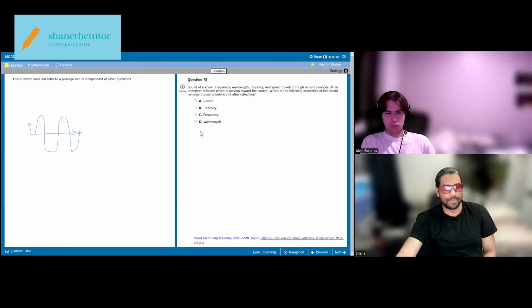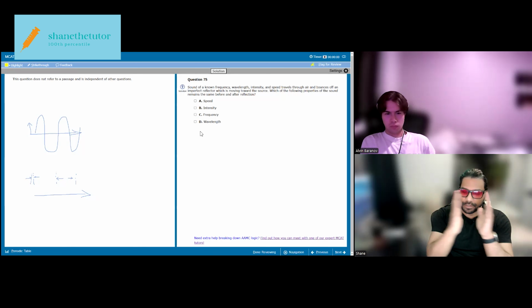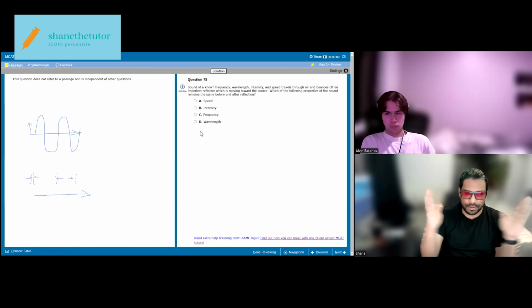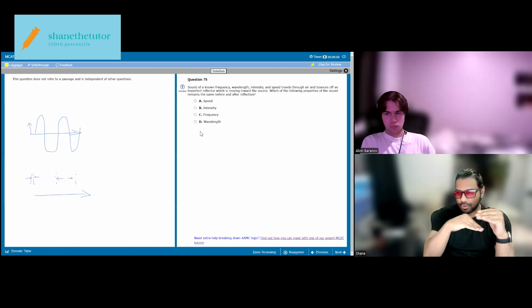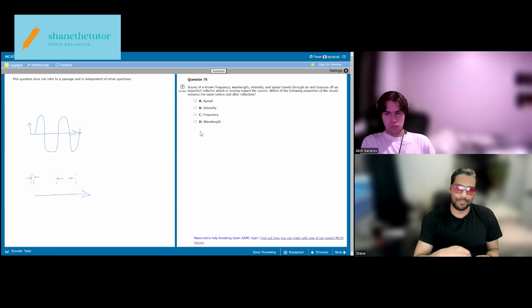Whereas, let's say these are the air molecules close together, compressing. These are the air molecules expanding, and this is the direction of the wave. You could see that the medium can be compressing or expanding parallel, or in the same dimension as the direction that the wave is traveling, right?